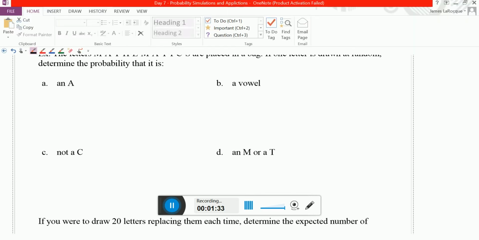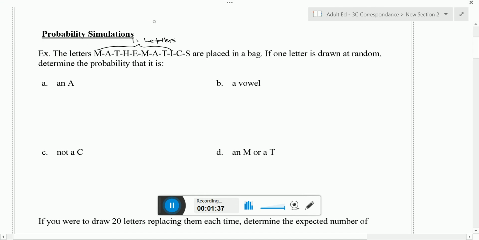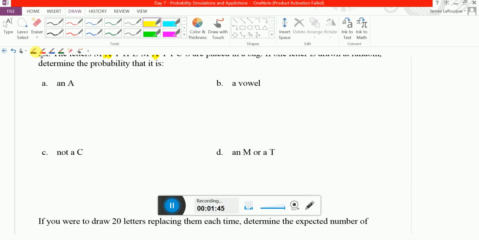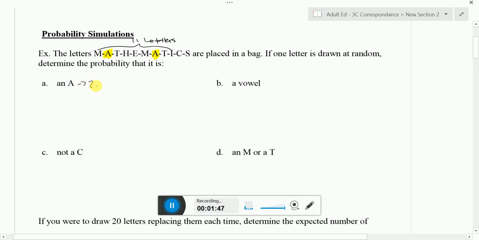Now we want to determine the probability that the letter is an A. Again, we're determining the probability before we actually do it, so this is what we would call the theoretical probability. There are two A's, and there are 11 letters in total. So the theoretical probability is the number of successes over the total number of outcomes.